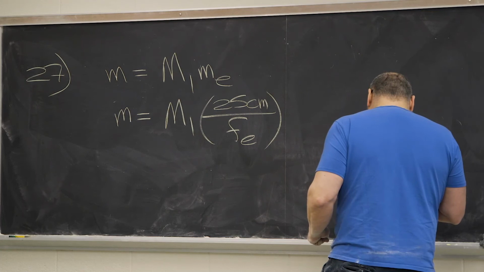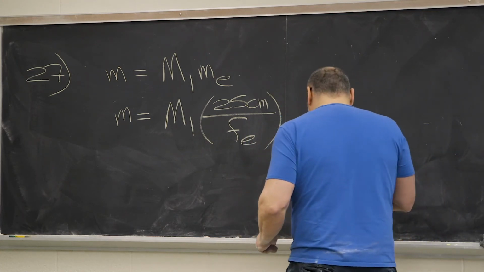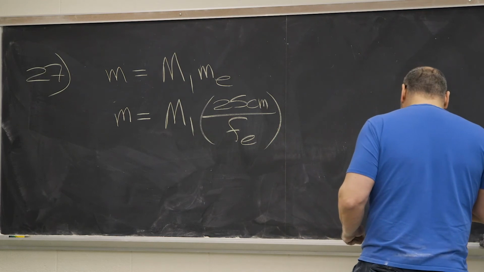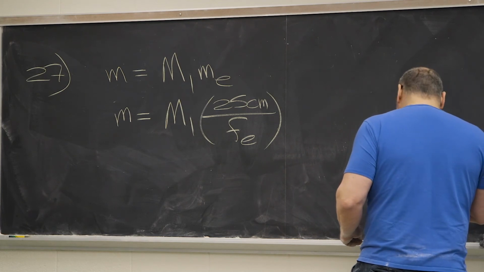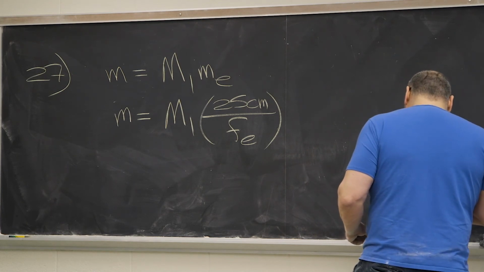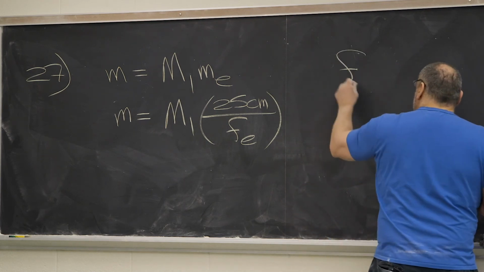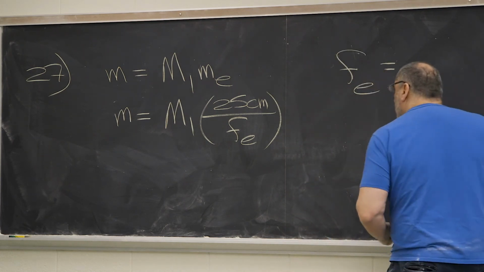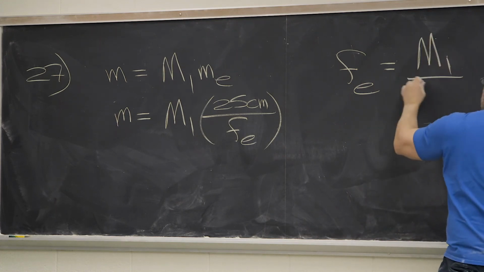And what they're saying here is, for this particular case, how are you actually going to do this? Find the focal length of the eyepiece that's going to make this all happen. So what we're going to say here is, let's multiply by FE on each side. Multiply by FE and divide by small m.